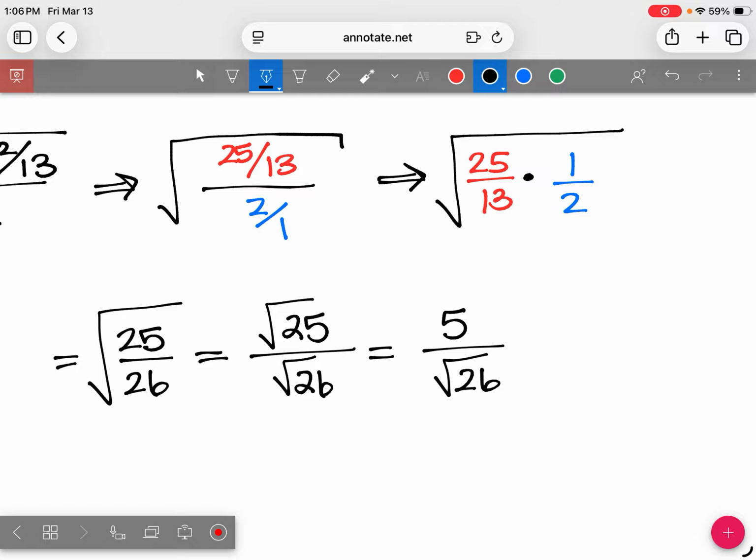How do I get rid of the square root of 26 on the bottom? Multiply it by what? Square root of 26. Top and bottom. So my final answer would be 5 root 26 all over 26.